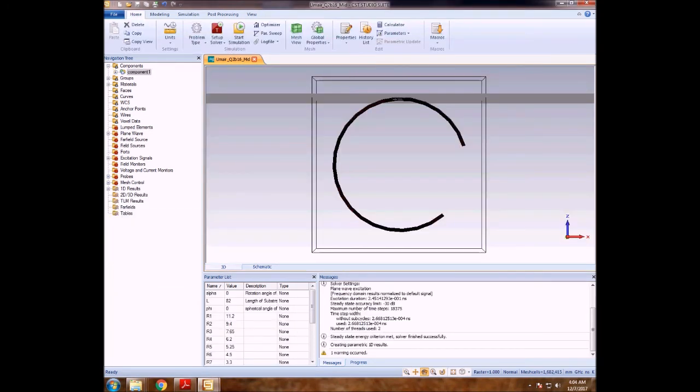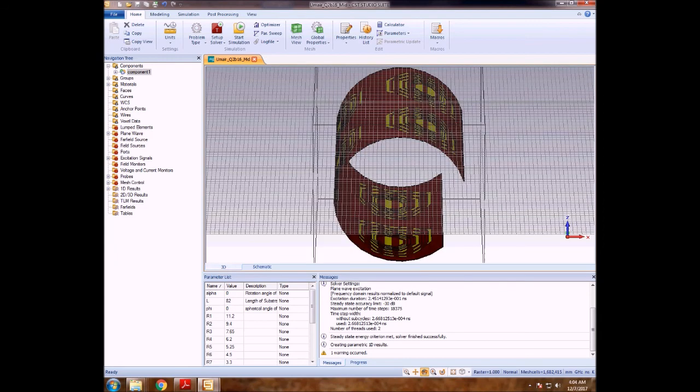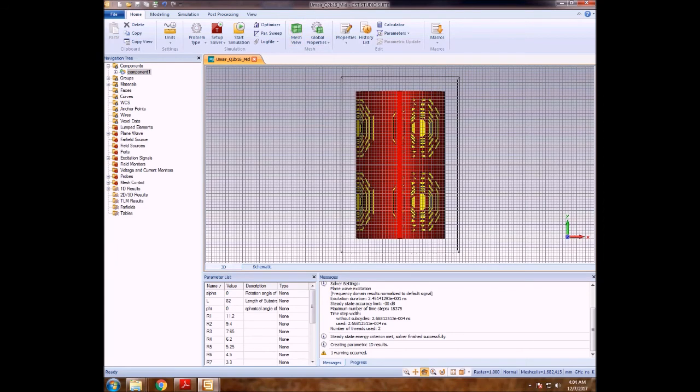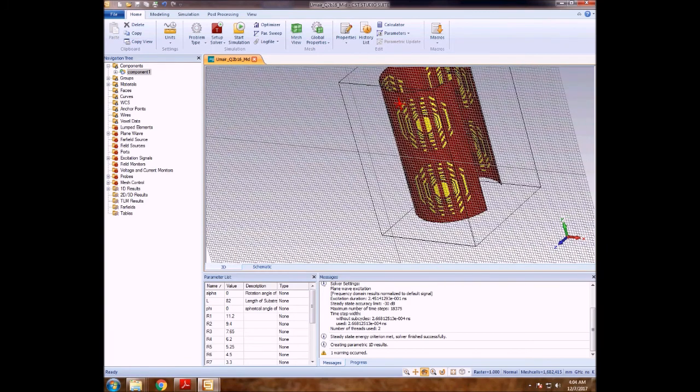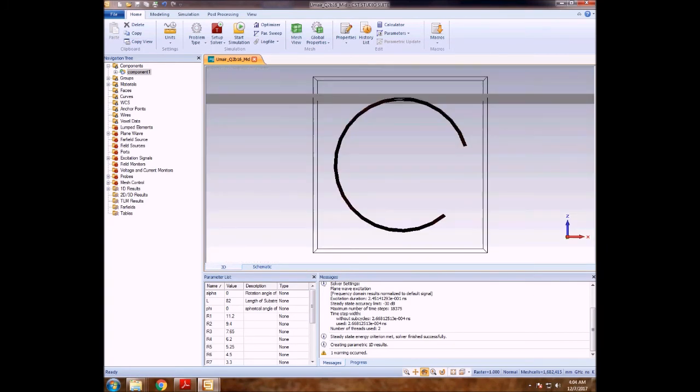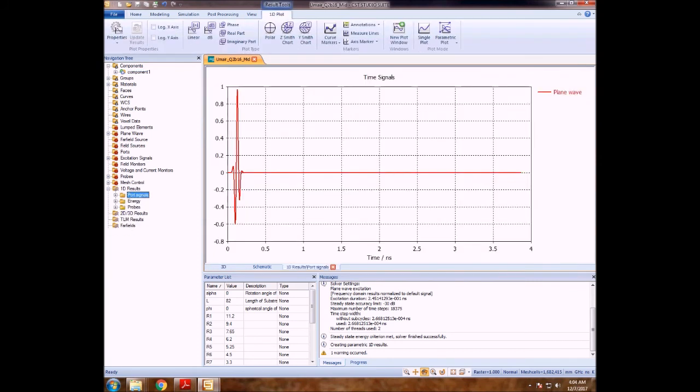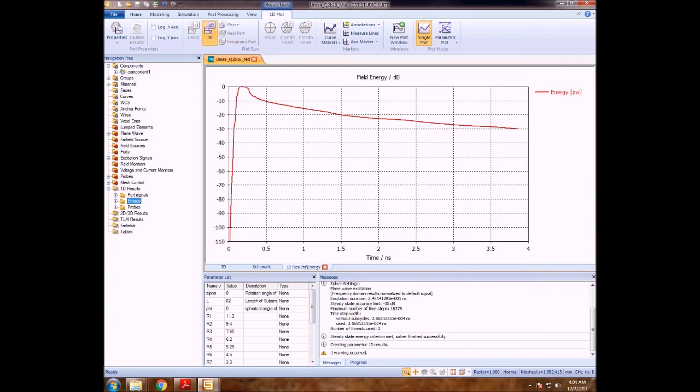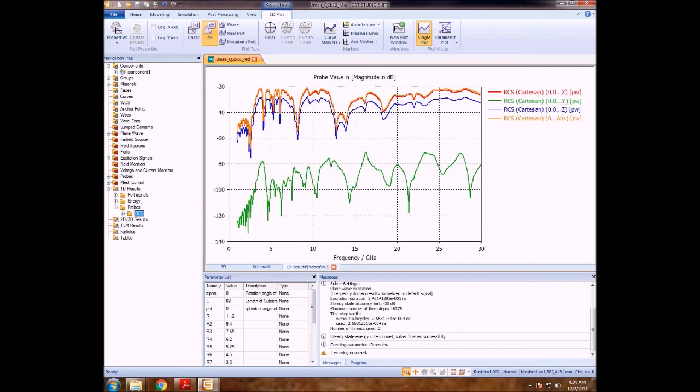This is the shape for 16 millimeter radius where we give a bend of 16 millimeter. This is the port signal, energy signal.